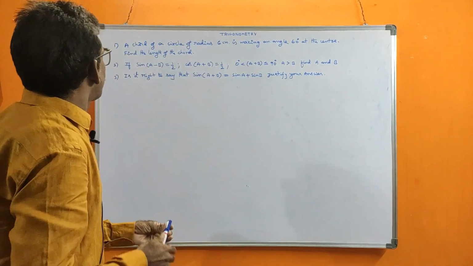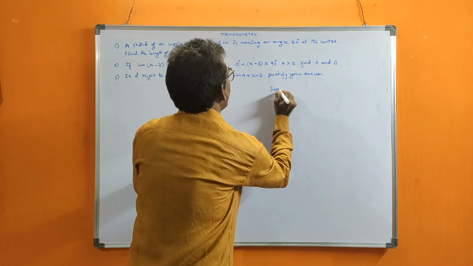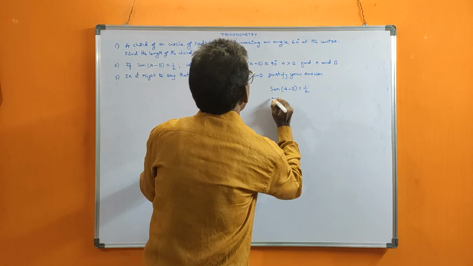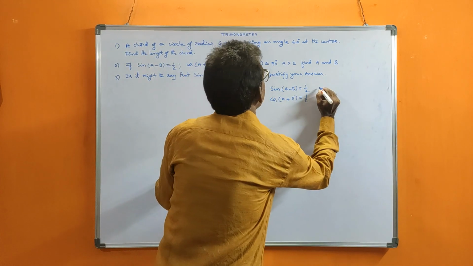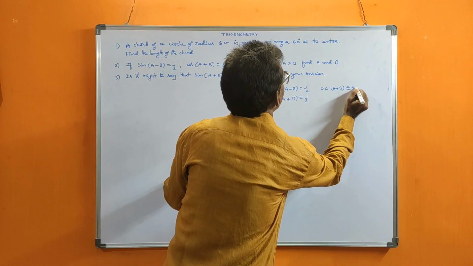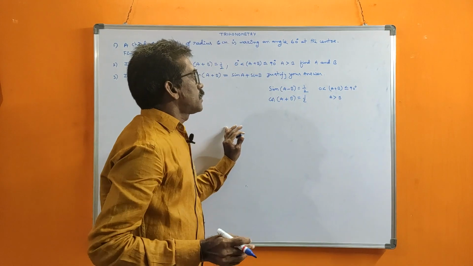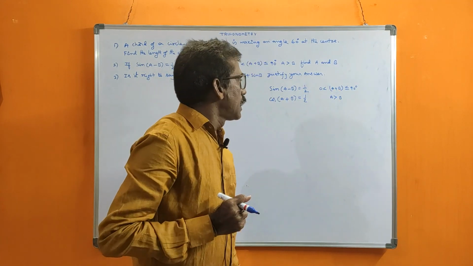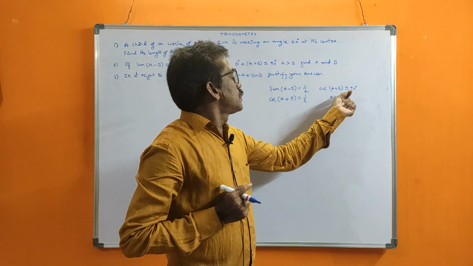Now the second problem. What is the second problem? He gave sin(A minus B) is equal to 1 by 2, and cos(A plus B) also 1 by 2. What else did he give? 0 less than A plus B less than or equal to 90 degrees, and A greater than B. That means A plus B is in between 0 and 90.